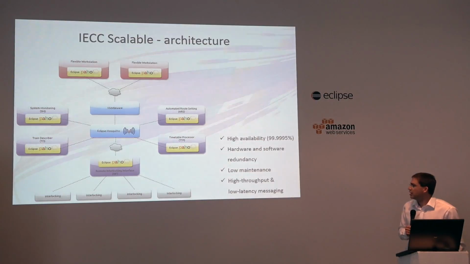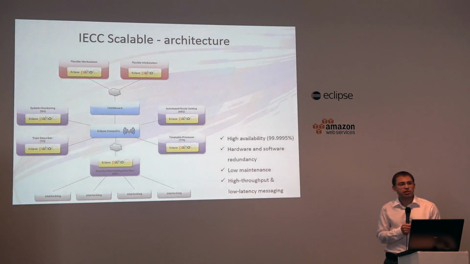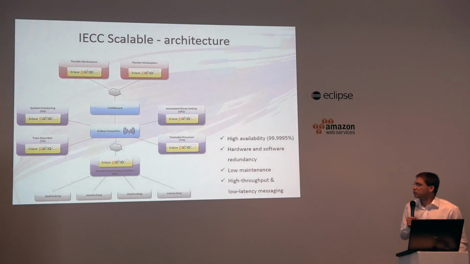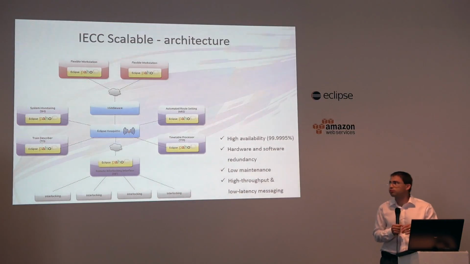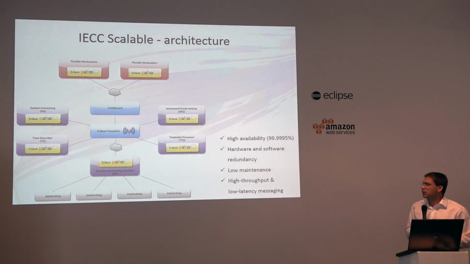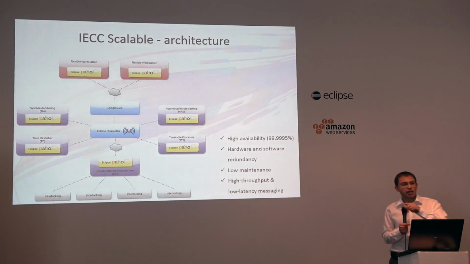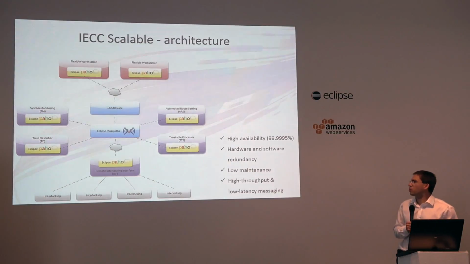And what's really important is at the core of the system, we use the Eclipse IoT components, and that's Eclipse Mosquitto and Eclipse Paho. So Mosquitto is the server side of the MQTT layer, providing communication between all those components effectively, and then Paho sitting at each of those components doing the client side of MQTT.